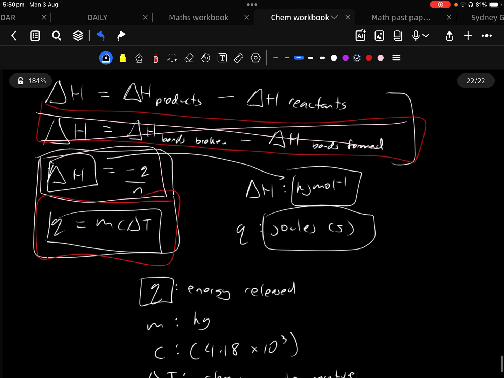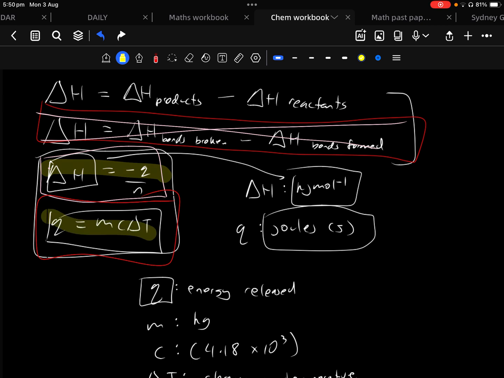So now we've used these formulas in this question.